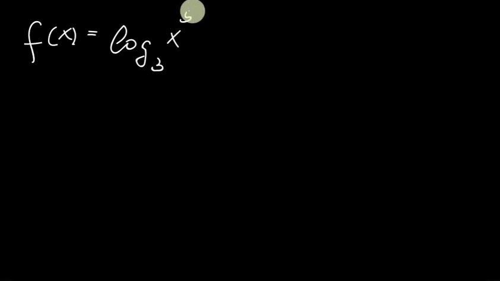Now, what if we have f of x equals logarithm with the base 3 of x to the power of 5? Now, we could use chain rule, but I haven't talked about it yet, and I'll do it in our next video. So for now, and it's not a very good idea, okay, because it's more complicated to do that. We can simply use properties of logarithms and move this 5 here.